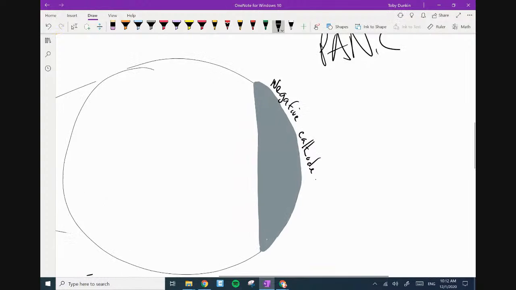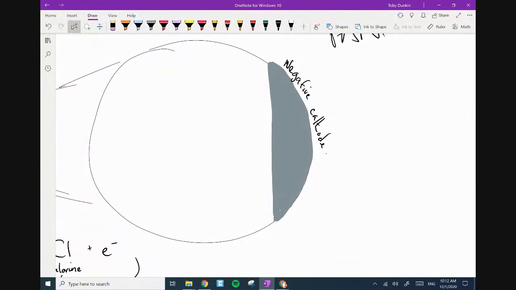Okay. So what's now going to happen to this? Now, because this is a negative electrode, it's going to attract the positive sodiums, who now have an empty outer shell. Now, this is going to wander over, and it's going to hit the electrode.